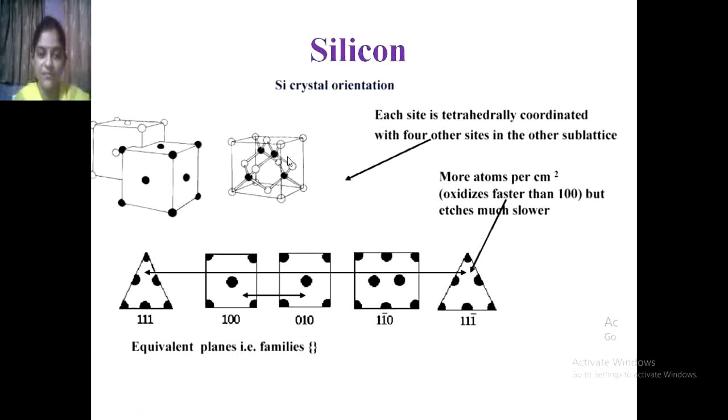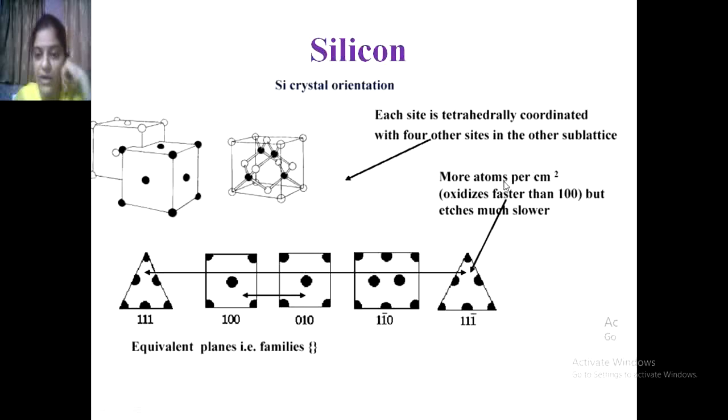We have already seen silicon crystal orientation, but let us see it in detail. Each site is tetrahedrally coordinated with four other sites in the other sublattice.